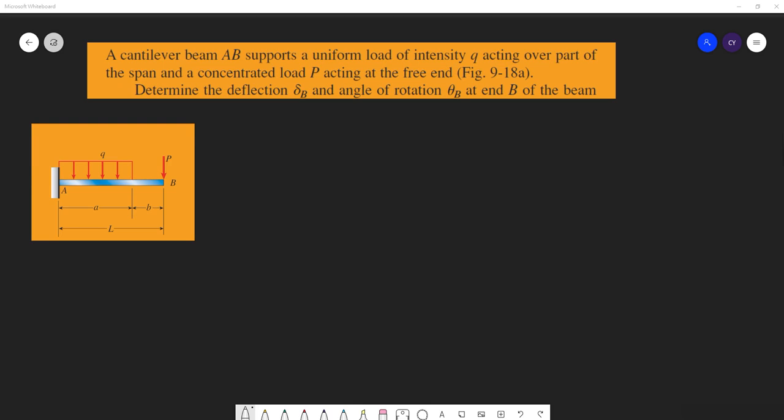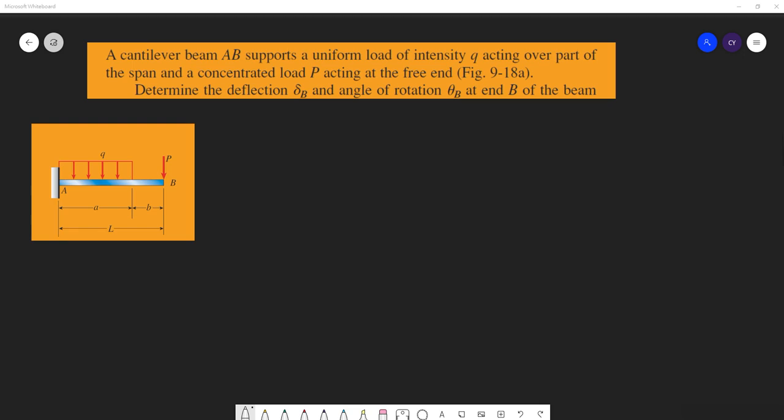This is an example of superposition. Similarly, we can separate into two partitions.